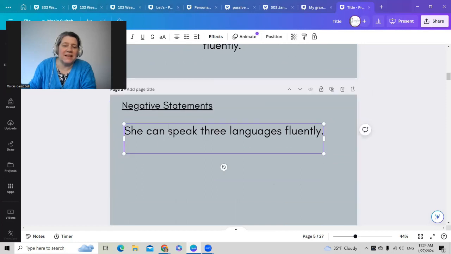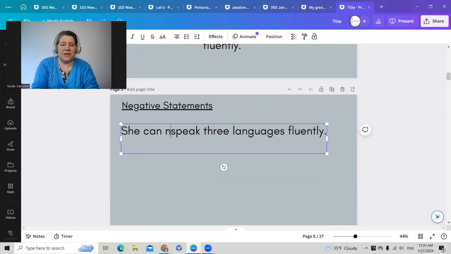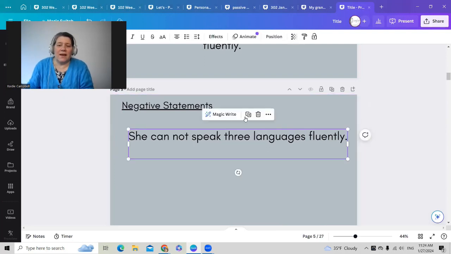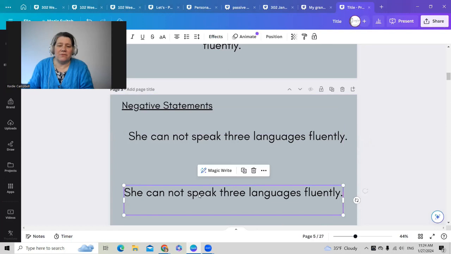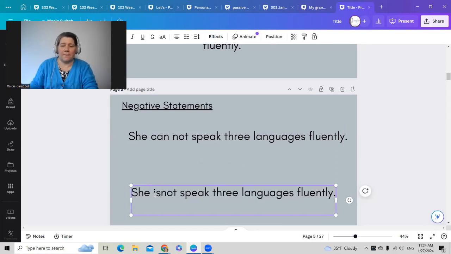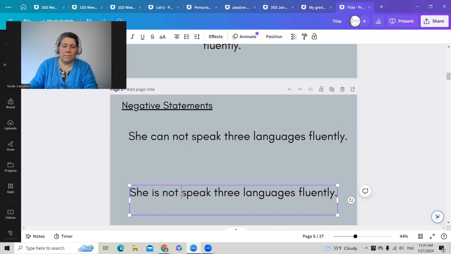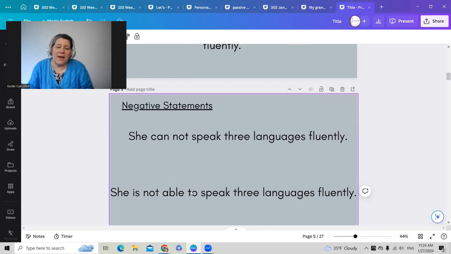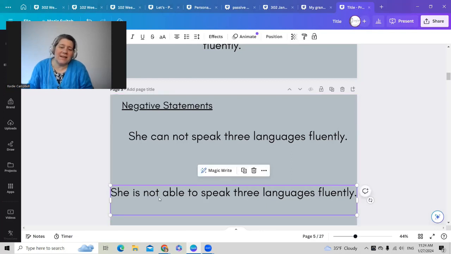With a negative sentence, we put the not right here. And let's look at it in the infinitive form too. Okay? So notice in the infinitive, when we're using just regular verbs plus the infinitive, we put the not after the first verb.